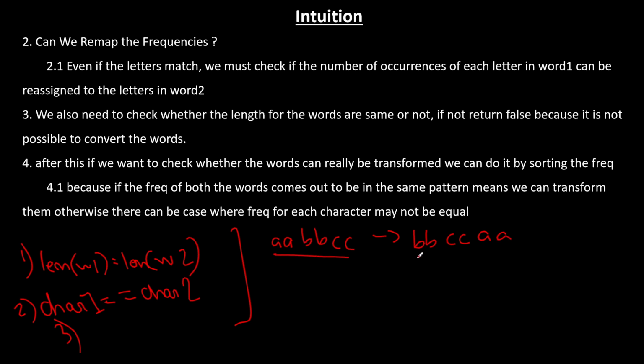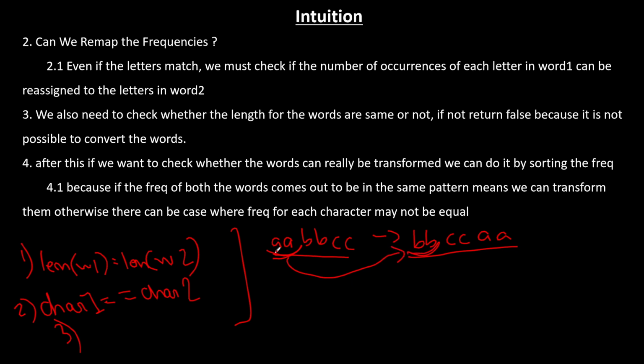Okay. Now there was a constraint that if you want to transform this complete A to this B, you can do that. For that, we need to know what?